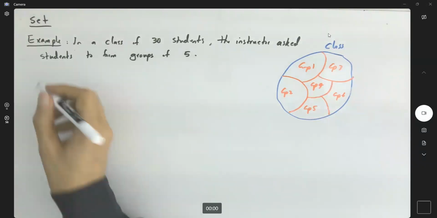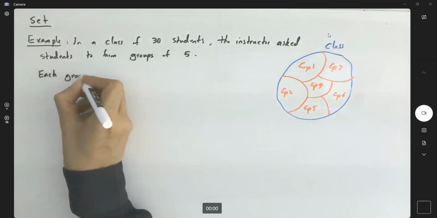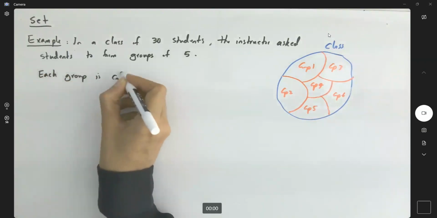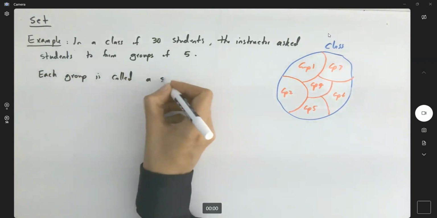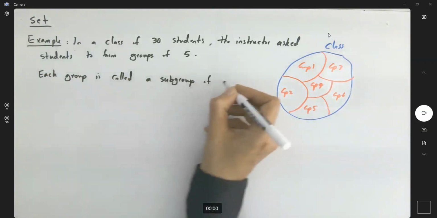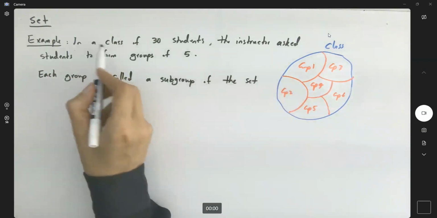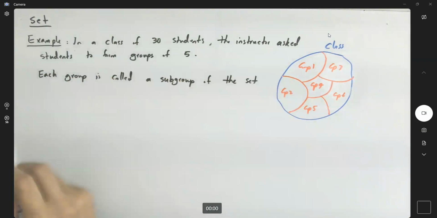So each group is called a subgroup of the set, which is the class of 30 students.